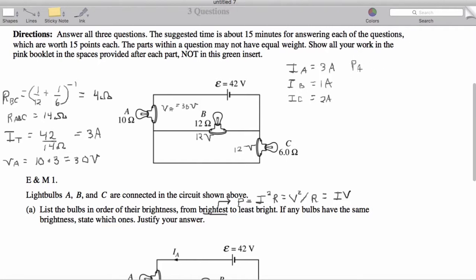The power through A is going to be 3 squared times 10, which is going to be 90 watts. The power through B is going to be 1 squared times 12, which is going to be 12 watts. And lastly, the power through C is going to be I squared times R, 2 squared times 6, which is going to be 24 watts.